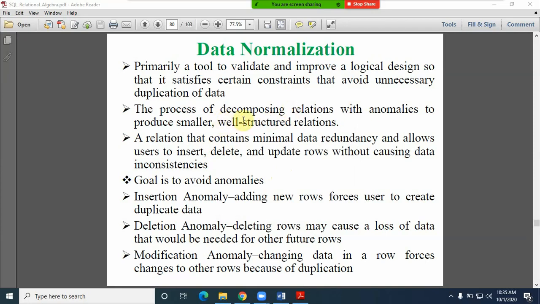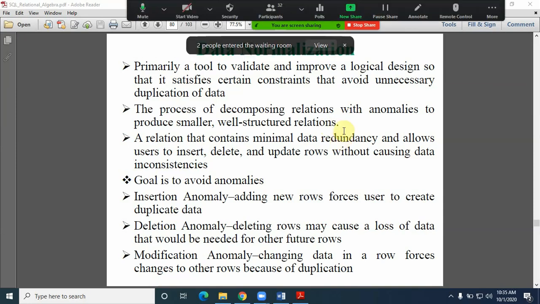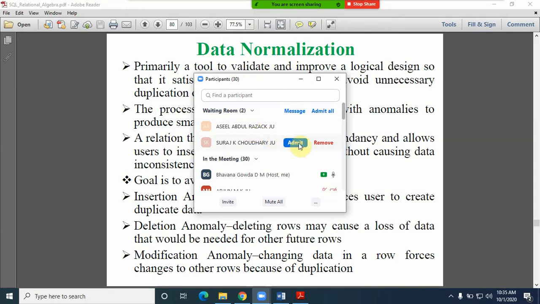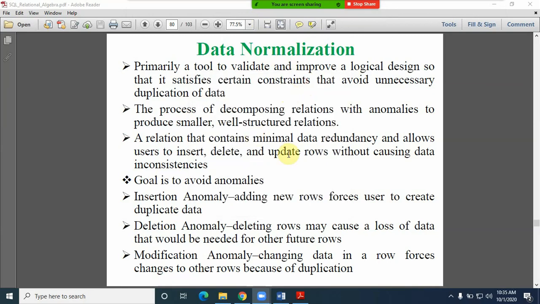This is important, friends. Well structured relations, maybe without any normal form also you can observe relations, but the problem is while processing these kinds of relations, we need to follow some rules, and based on those regulations we are going to achieve normalization. And in well structured relations, friends, actually there are certain anomalies.